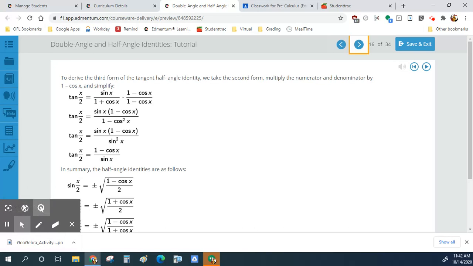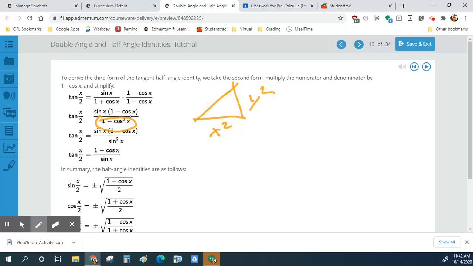Because what ends up happening here is we get this 1 minus cosine squared theta, which again, I know I keep bringing this up, but it's a good way for you guys to make the connection on why this equals sine squared. And it's just this idea of x squared plus y squared equals 1 squared.